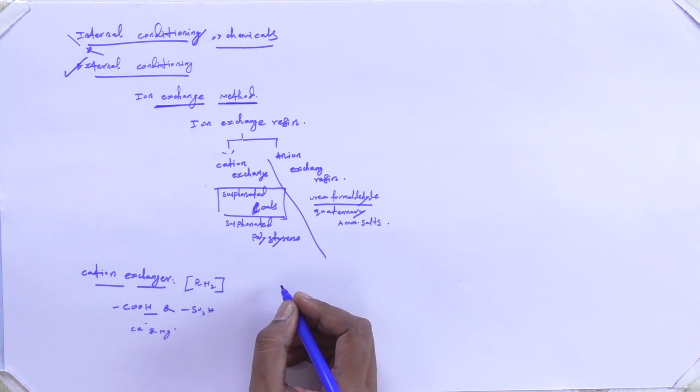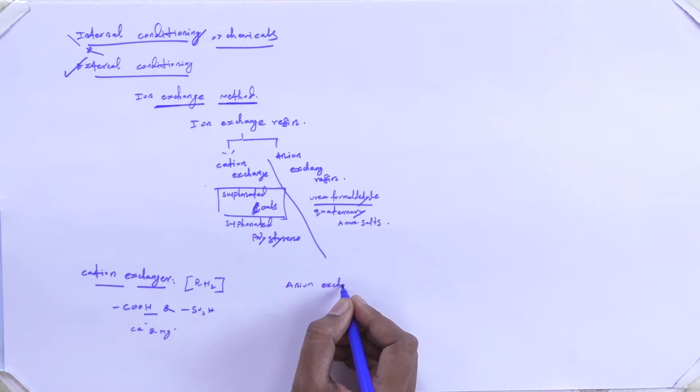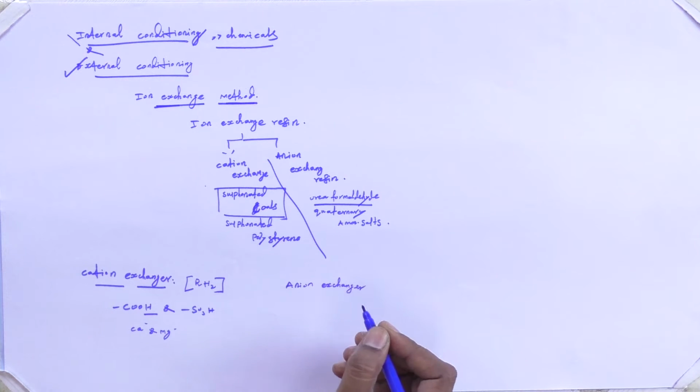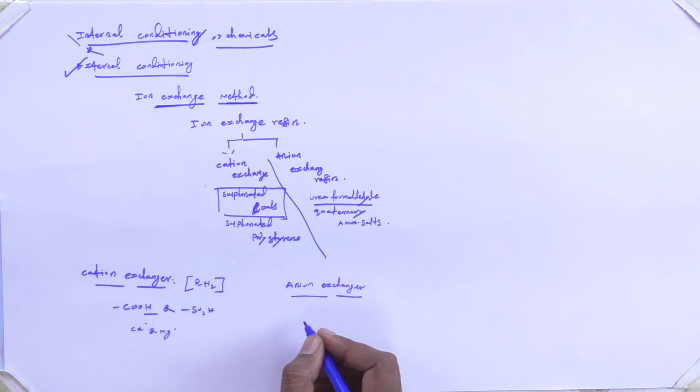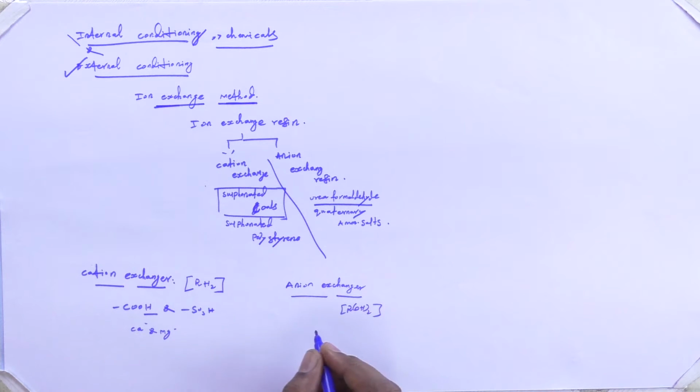The next one is the anion exchanger. The anion exchanger is represented by R(OH)2. This anion exchanger contains NH2 and OH minus groups.